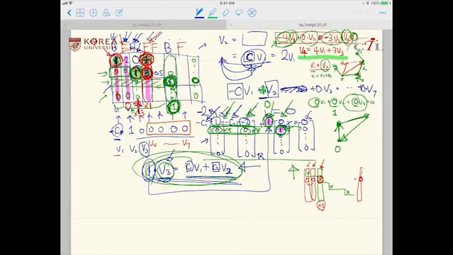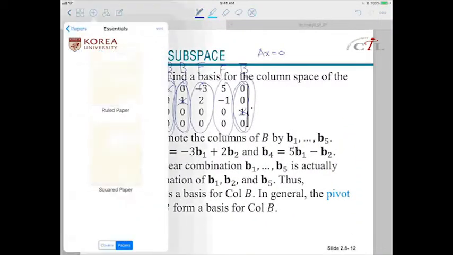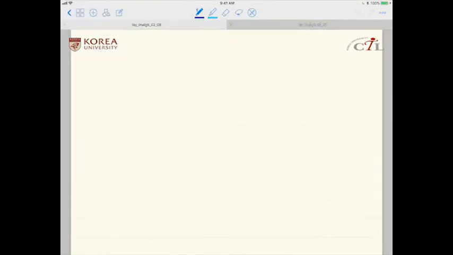Okay, so personally I think it is a little bit interesting and kind of important. Let me just use a little simpler example.